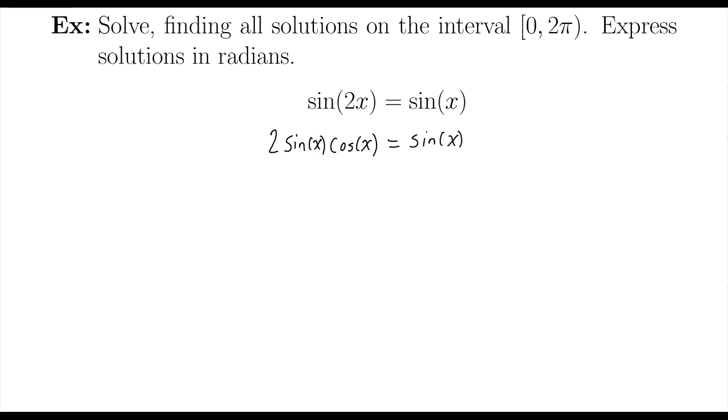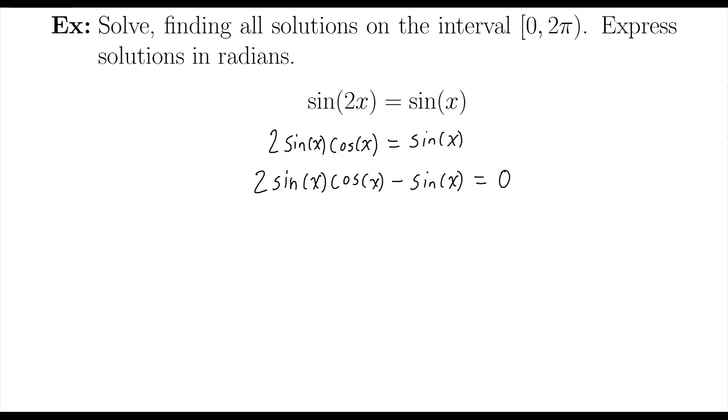Okay? Now, usually I'm going to try to get the equation equal to 0. So I'm going to subtract sine x from both sides. So 2 sine x cosine x minus sine of x equals 0.